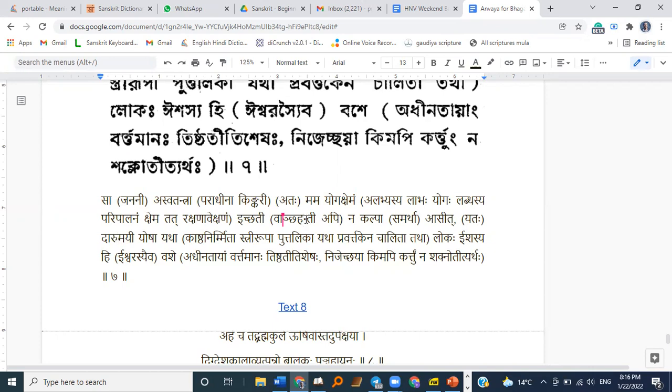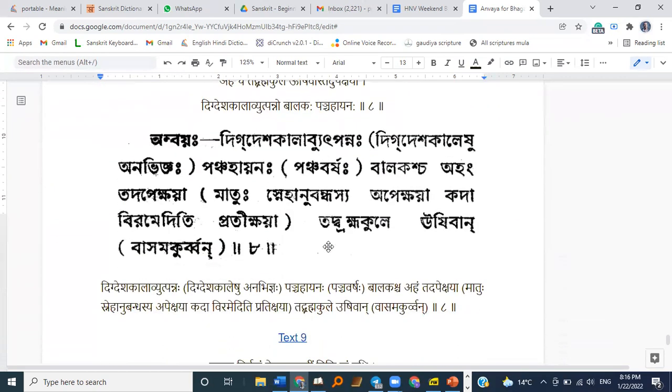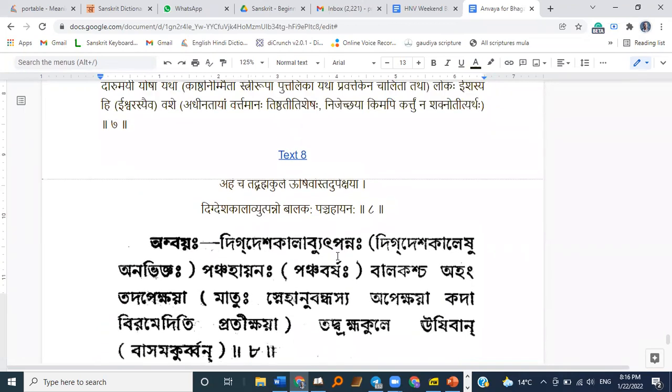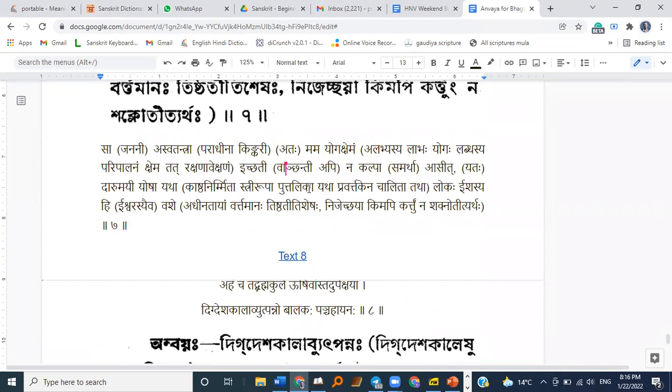Text 8. I'm sorry, what was the function of Vartamana in there? Vartamana, situated, like existence.